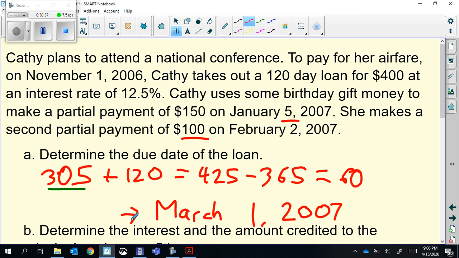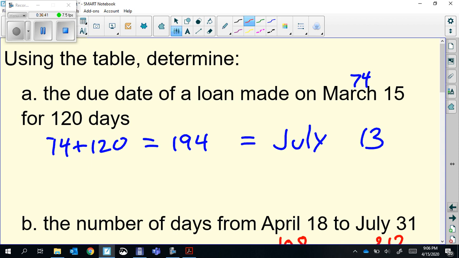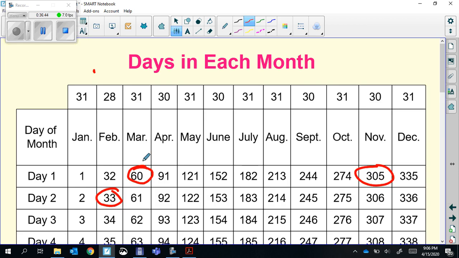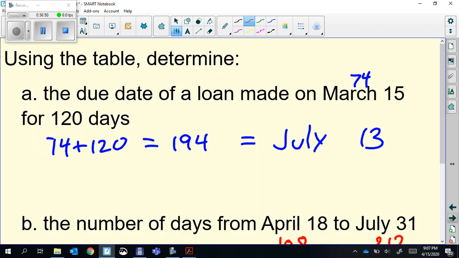We figured that out in part A. So from February 2nd to March 1st, that's day 33 to day 60.